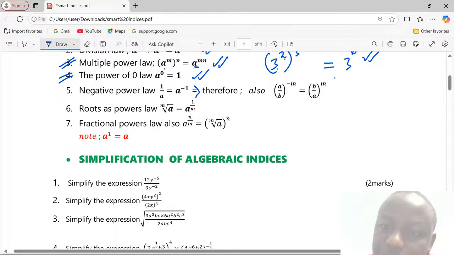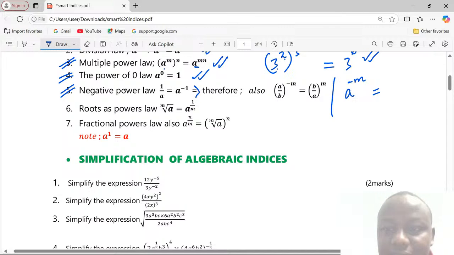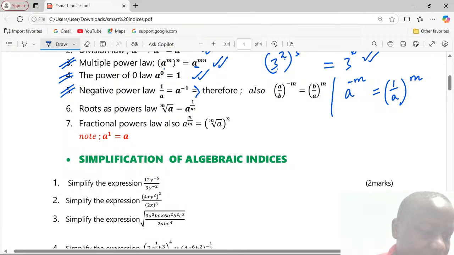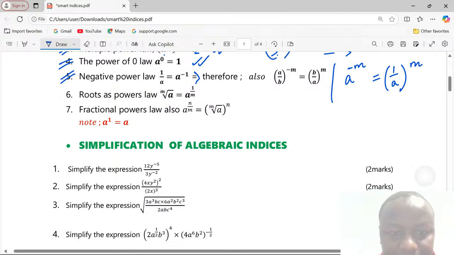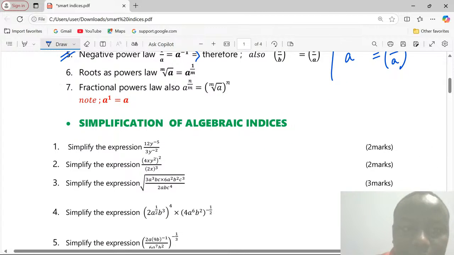This is what we mean. The negative power law must be stated this way: if you have a number raised to a negative index, you can just take the reciprocal of this number, then the power becomes positive. It will be applied in several numerical cases, and we're going to see that.